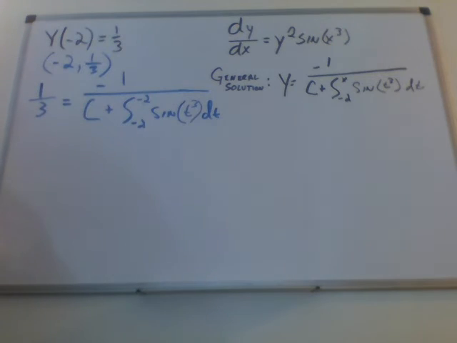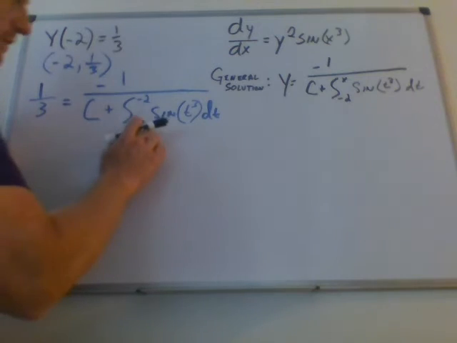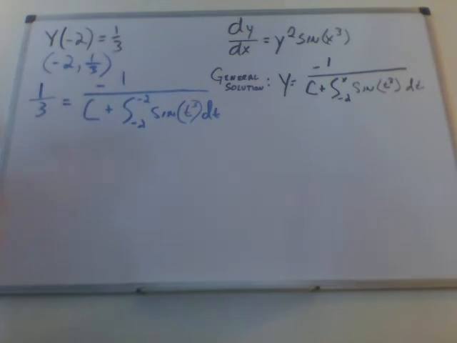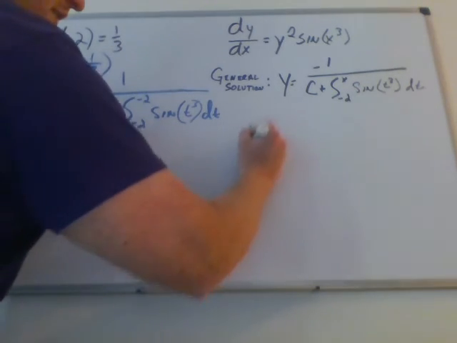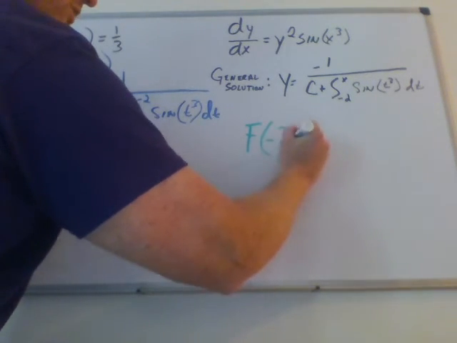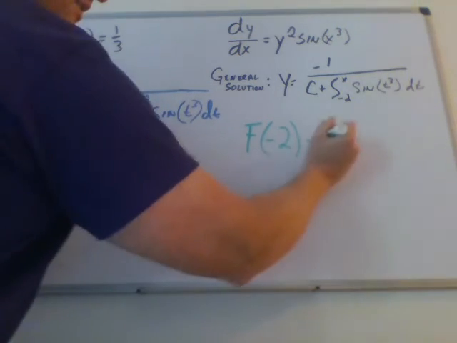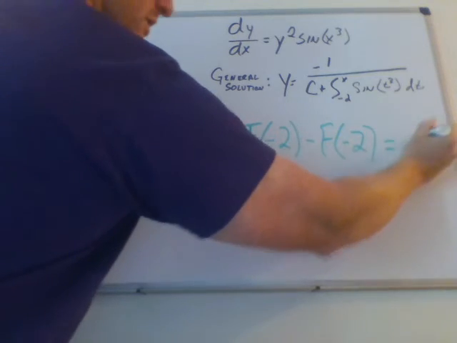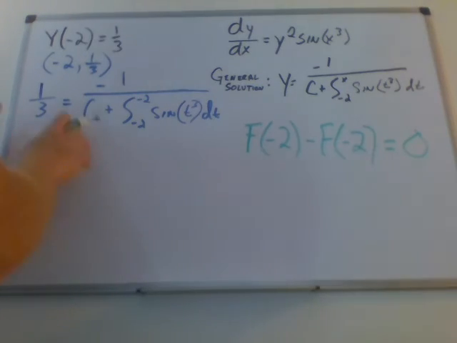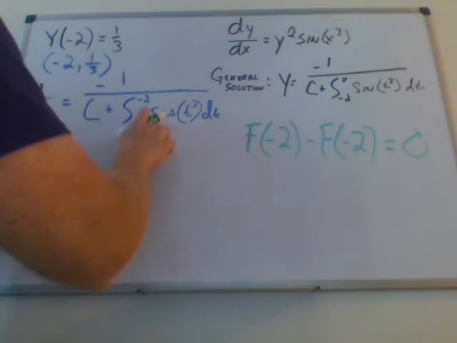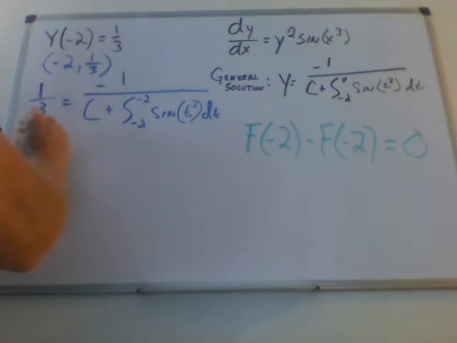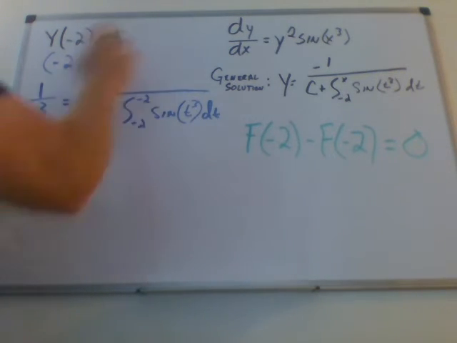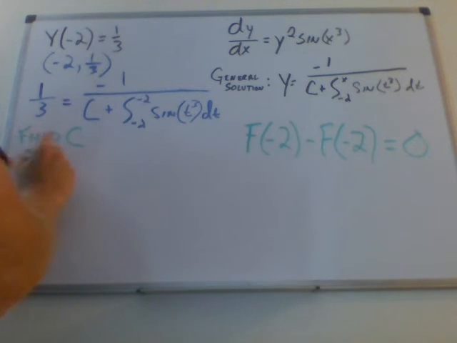All right. The first thing you need to recognize is that with the integration, you have a function going to a function. In other words, you have f of negative 2 subtracting f of negative 2, which equals 0. Knowing that, we need to find c so we can go back and find a particular solution.